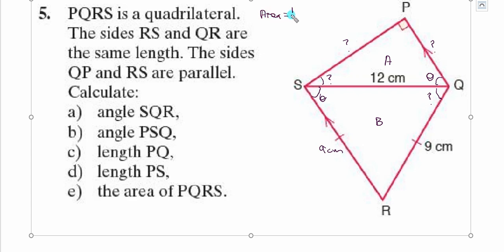It's a triangle, so it's half times PS times PQ. That's it. That is for area A. Area B, if this is isosceles, this is also equal to theta.